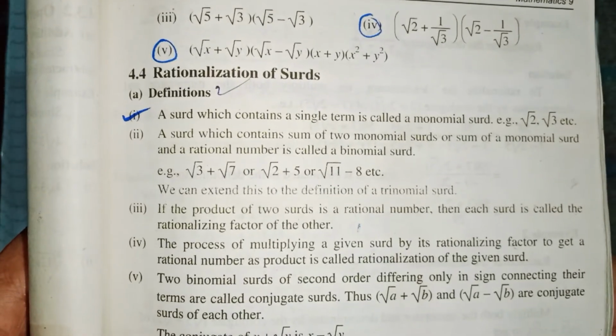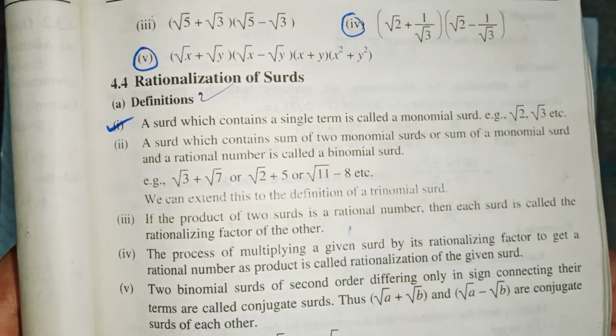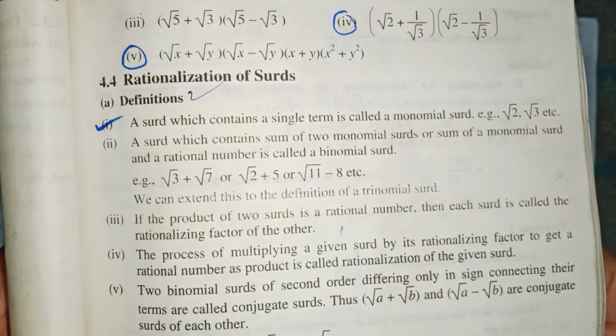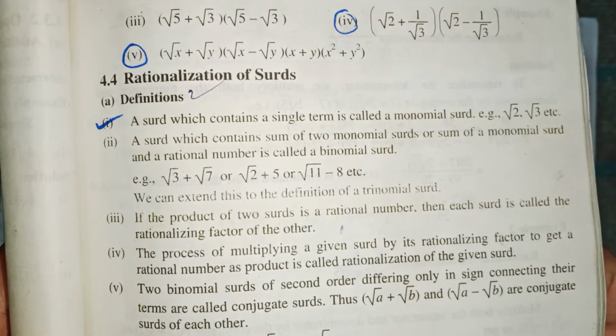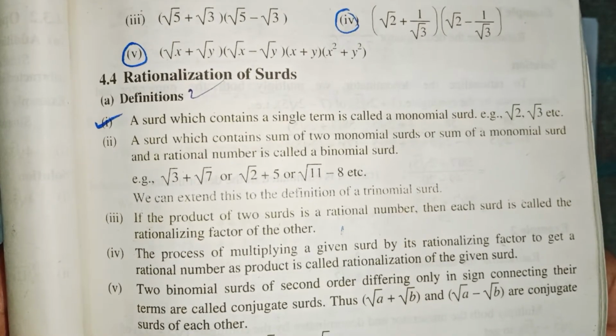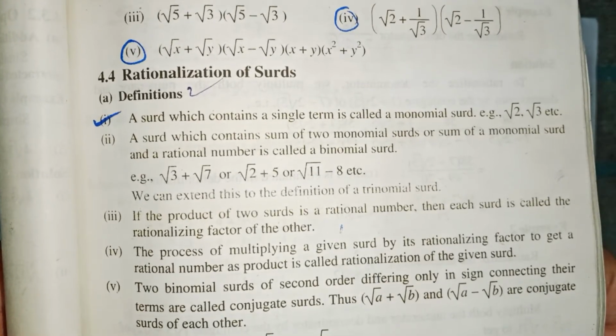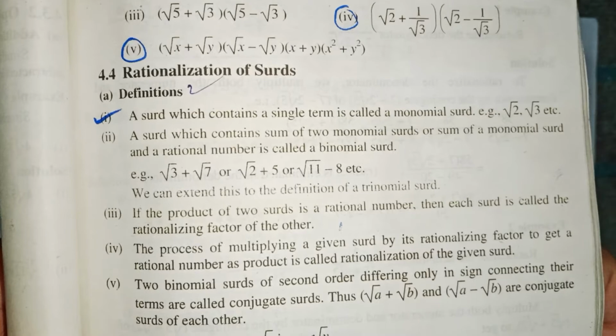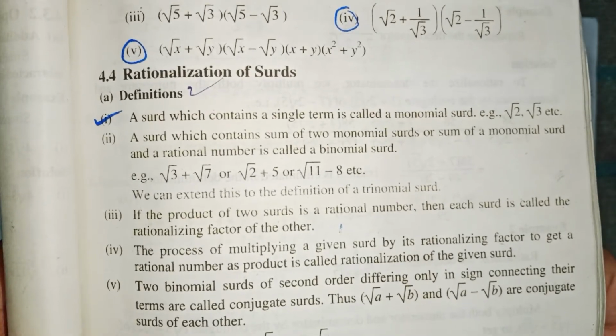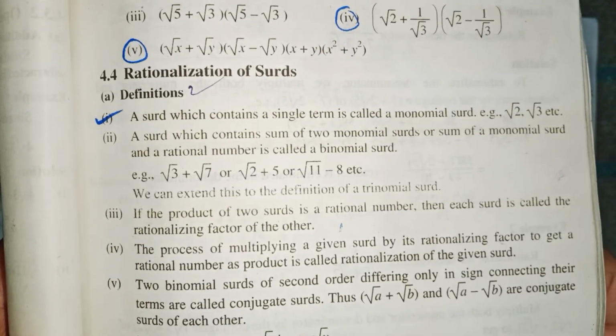Point number 2, I am reading now: a surd which contains the sum of two monomial surds, or the sum of a monomial surd and a rational number, is called a binomial surd, e.g. square root 3 plus square root 7, or square root 2 plus 5, or square root 11 minus 8.